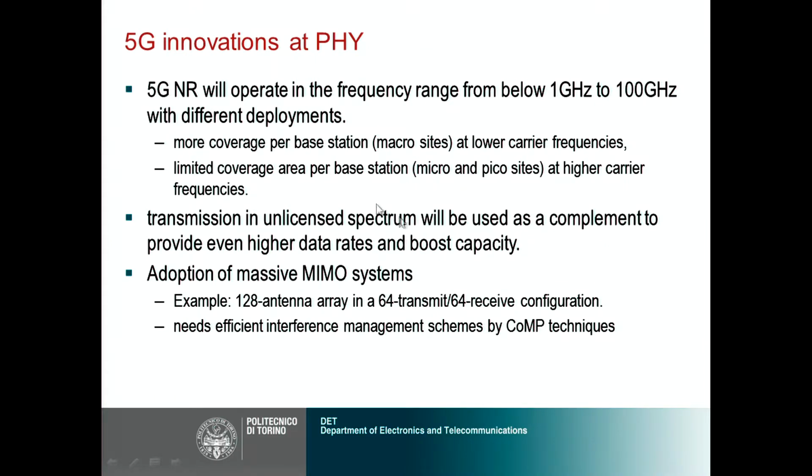They are also considering transmission in unlicensed spectrum using cognitive networking techniques. What is unlicensed spectrum? It's 2.4 gigahertz, 5 gigahertz. There are other unlicensed spectrum portions here and there. Unlicensed means that the operator doesn't have to pay a fee to the government, usually, to use those portions of spectrum. But of course, these portions are really coveted because think about Wi-Fi, 2.4 gigahertz or 5 gigahertz. Almost everywhere you go nowadays, you find some Wi-Fi transmission.